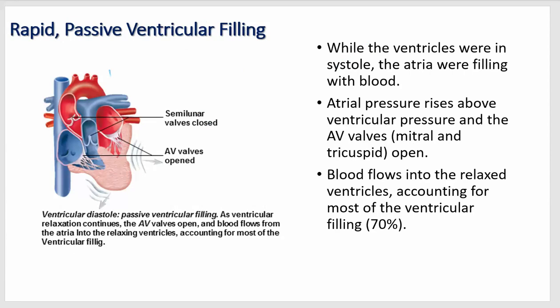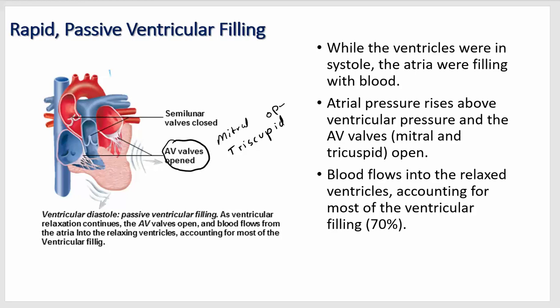So now we again have passive ventricular filling. So now our mitral valve or tricuspid are being pushed open because that ventricle has relaxed, pressure is lower, and the blood will then start to passively move in.